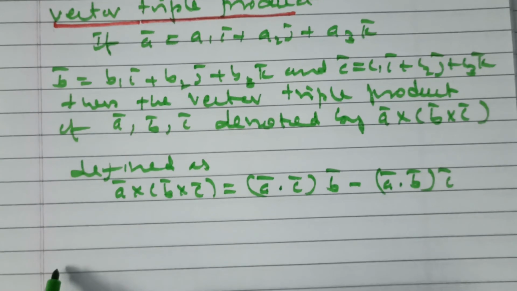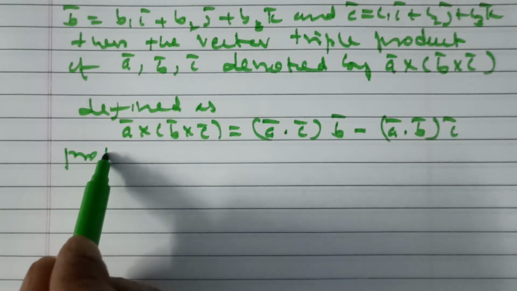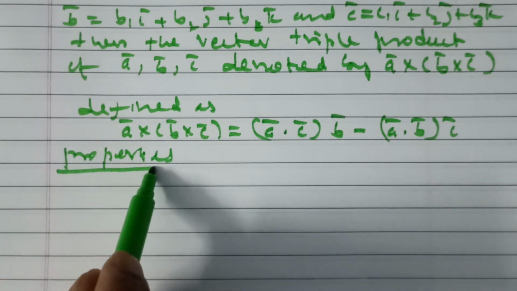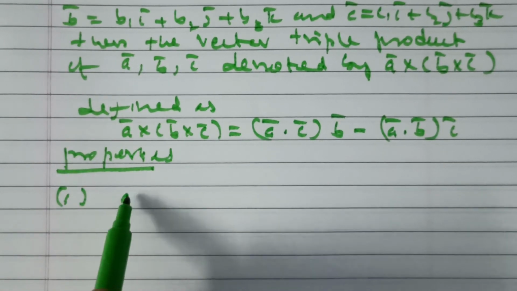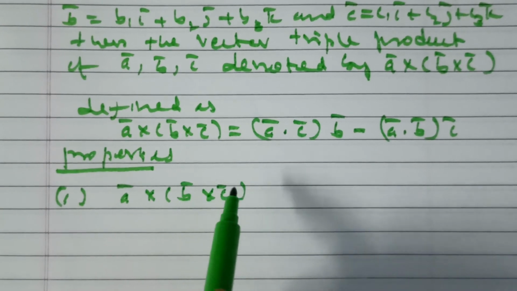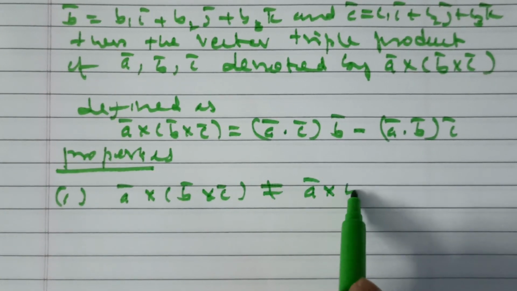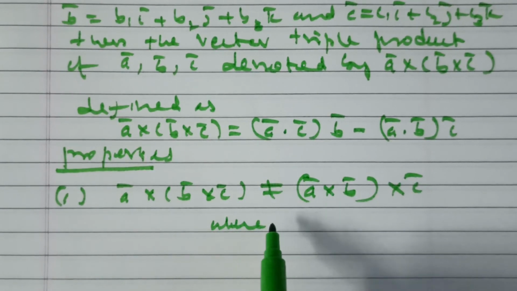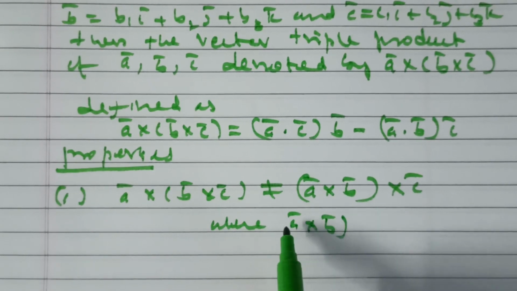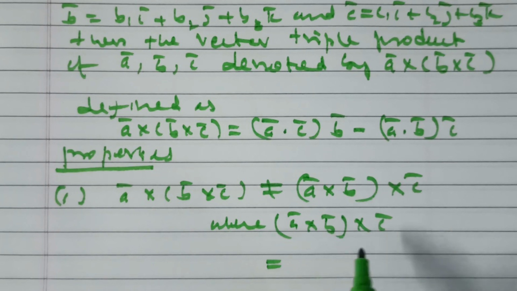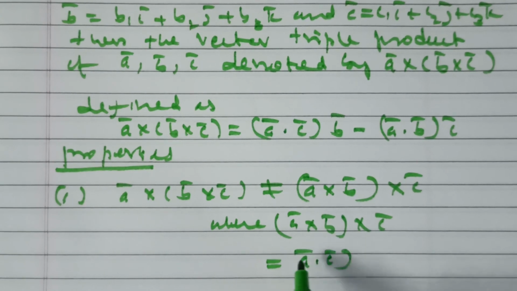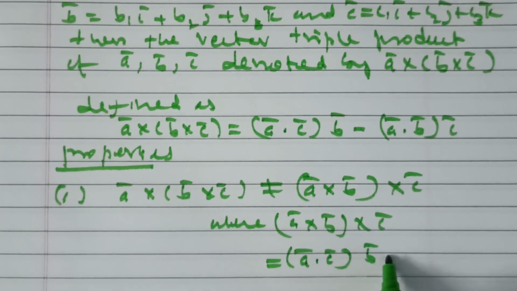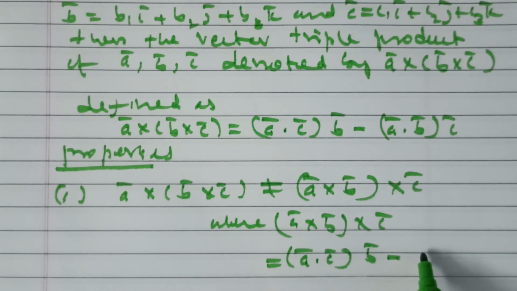Next, properties. First one, a bar cross of b bar cross c bar is not equal to a bar cross b bar of cross c bar, because a bar cross b bar of cross c bar is equal to dot product with a bar of c bar, that is a bar dot c bar of b bar, minus again c bar dot with b bar, that is b bar dot c bar with a bar.